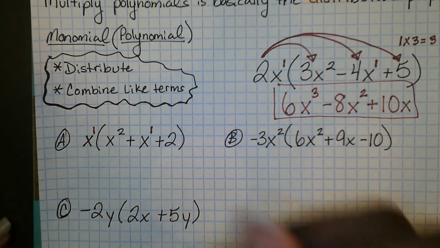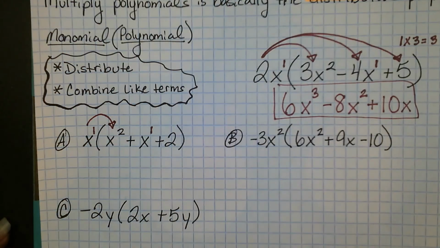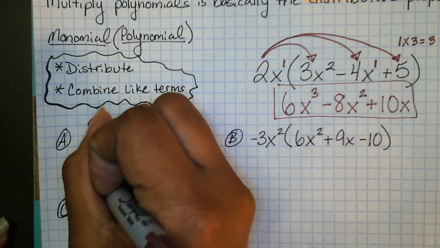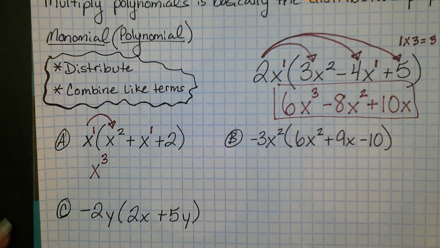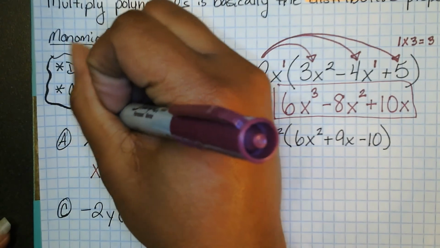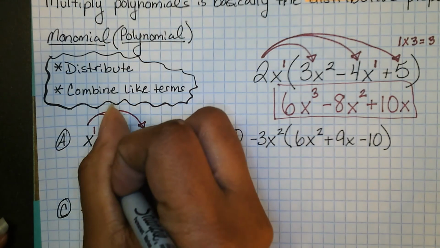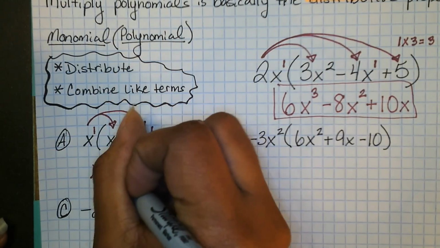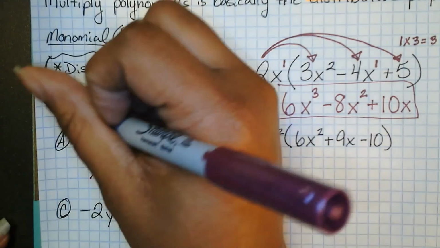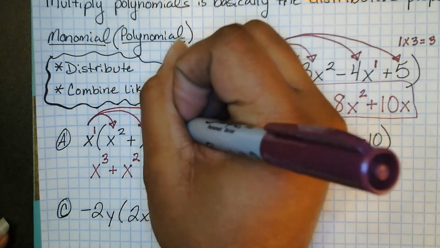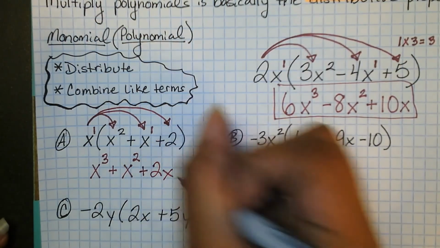And then we just distribute. x times x squared: you keep the base, and you add the exponent. x times x: you keep the base, you add the exponent. x times 2 gives us 2x.